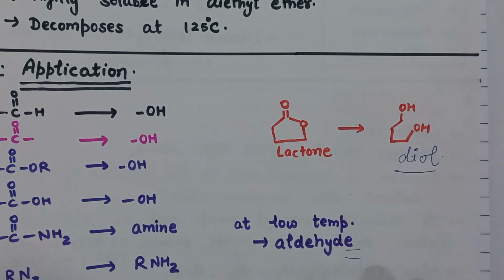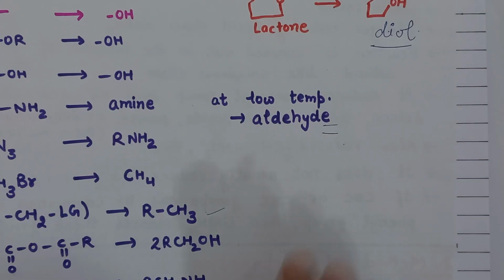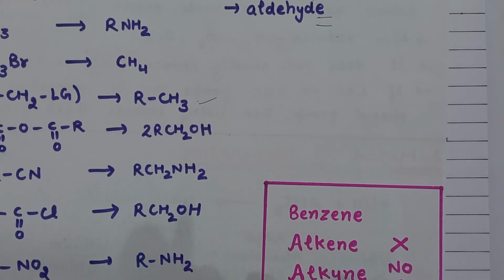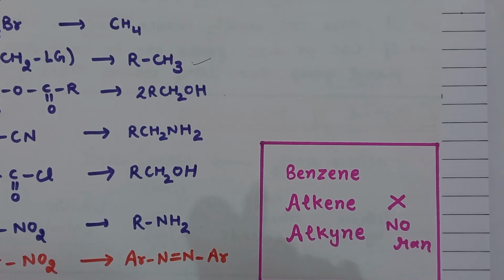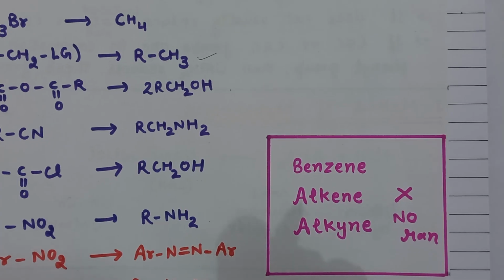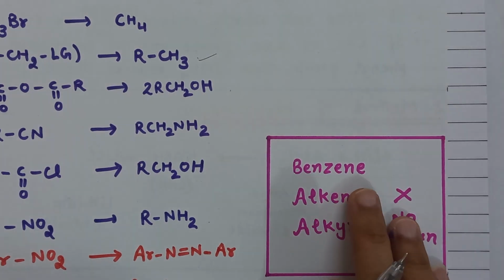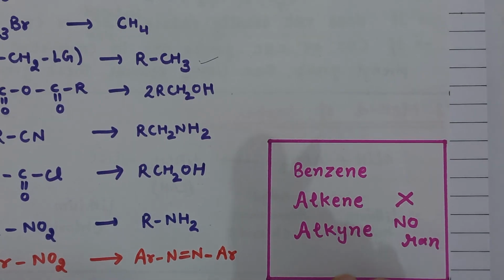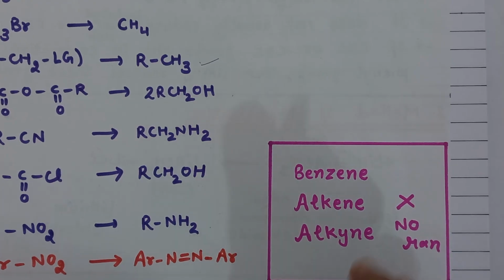Okay, as we studied earlier, isolated double or triple bonds can't be reduced by lithium aluminum hydride. Therefore, benzene, alkene or alkyne can't be reduced by lithium aluminum hydride.